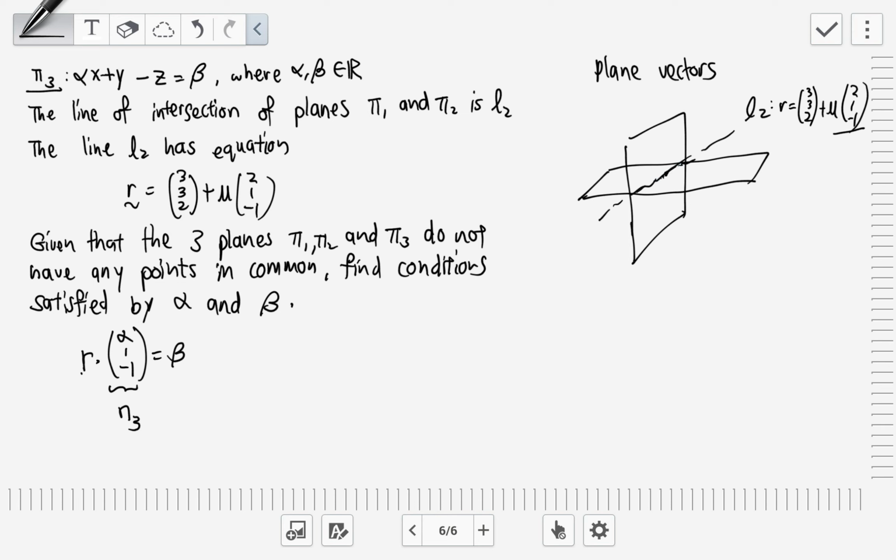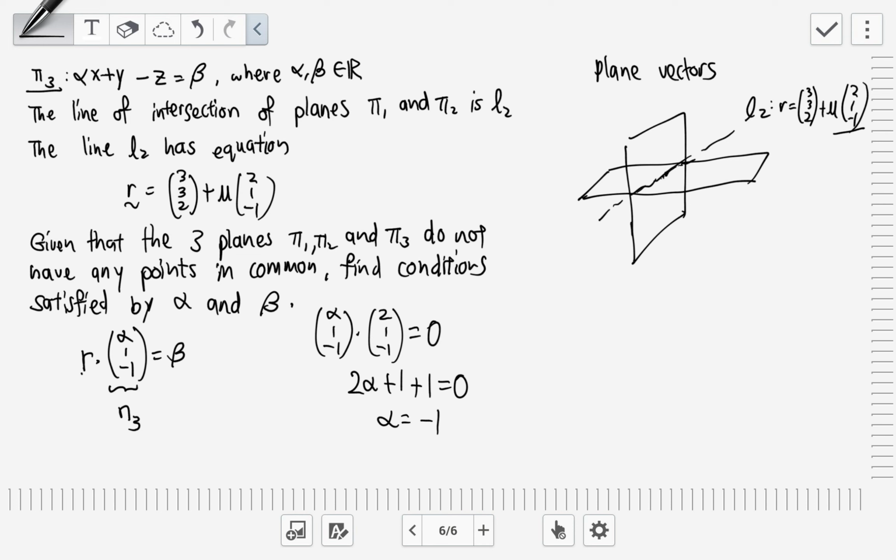So one of the conditions is (alpha, 1, -1) dot (2, 1, -1) equals 0. That means 2 alpha plus 1 plus 1 equals 0, and alpha equals minus 1.